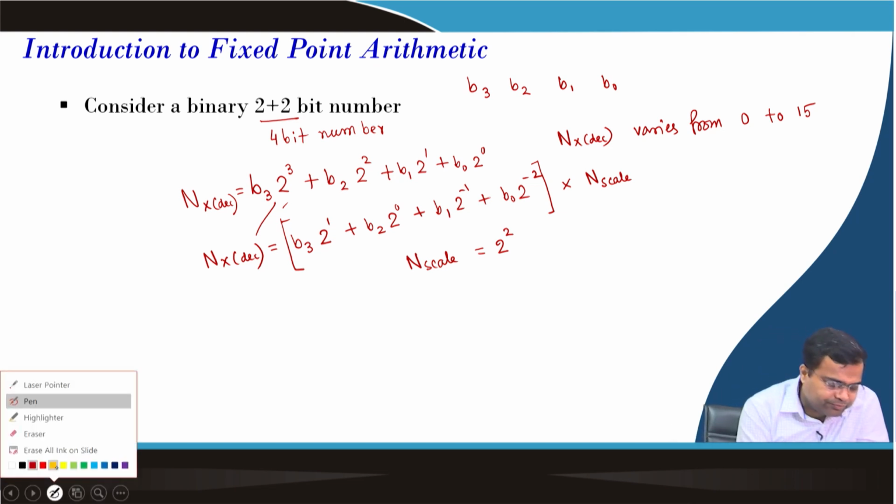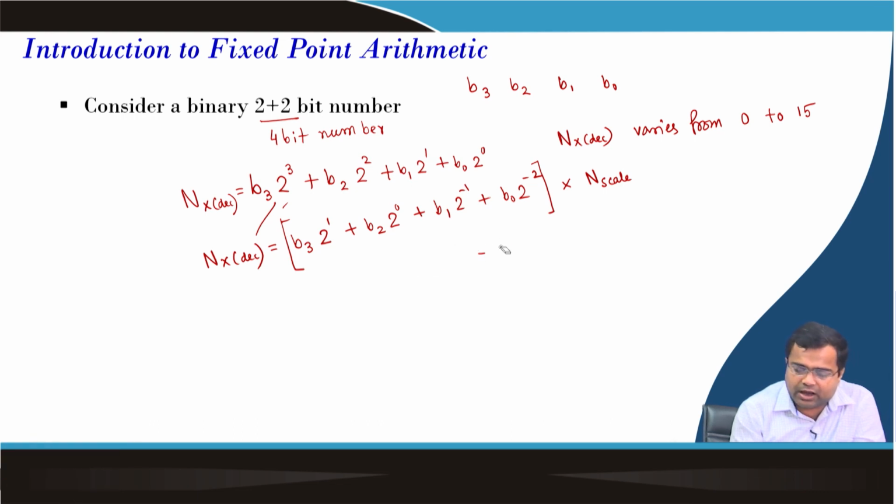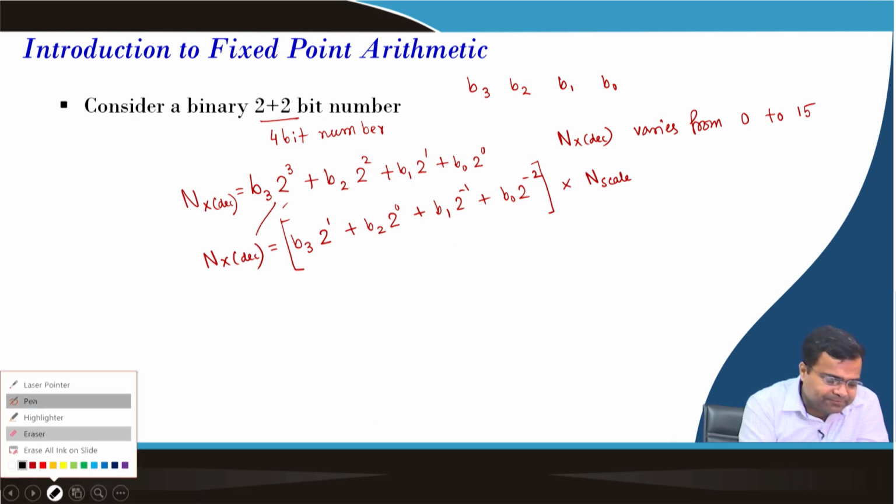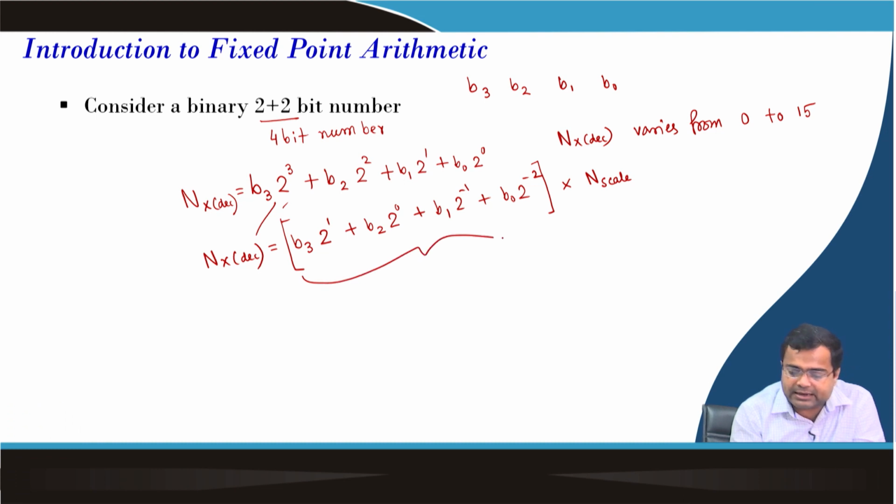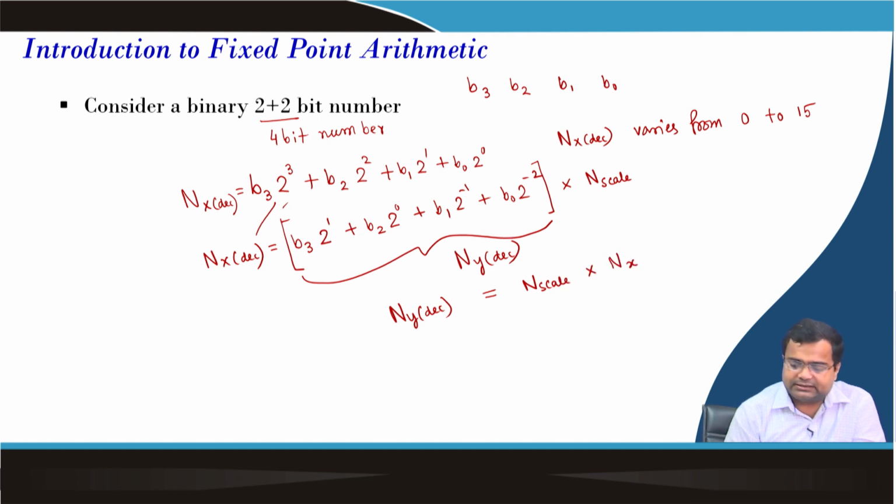Now, why is it needed? I am coming to that point. So, I would say this number I can call ny in decimal. So, ny in decimal is basically a scaling factor multiplied by nx, sorry, I am writing the other way around.